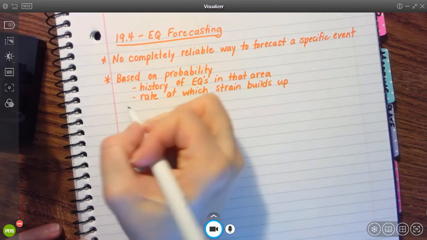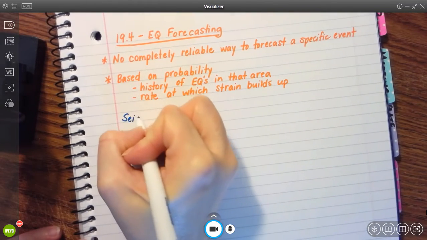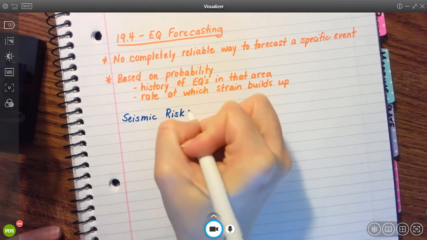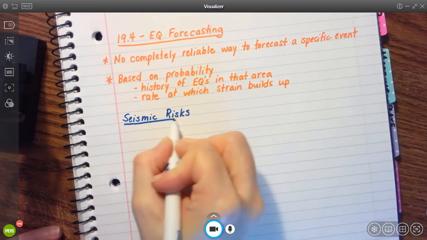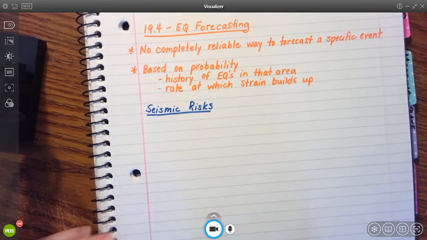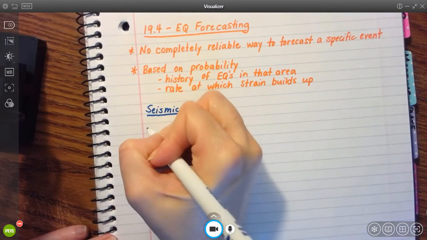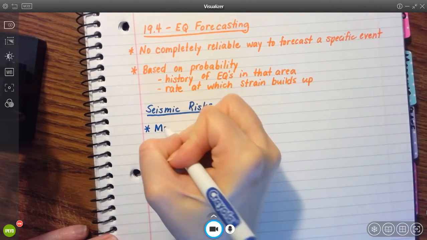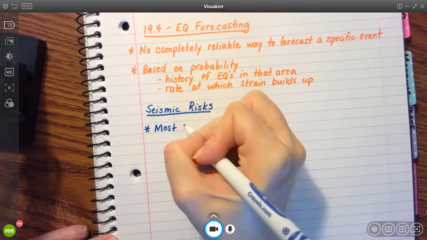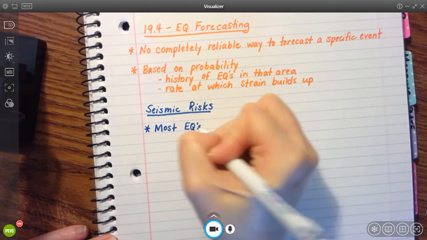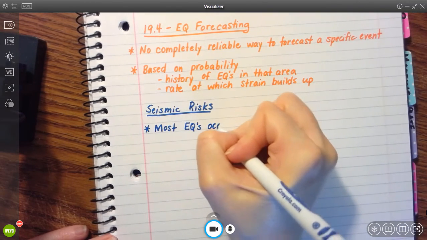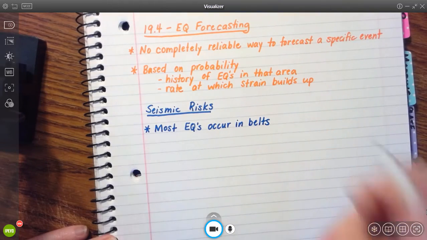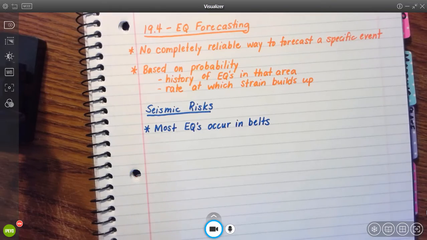When we talk about seismic risks, we're talking about probability. How likely is it that an earthquake is going to take place? And there are a couple things that we think about when we're talking about seismic risks. You should remember from a previous section that most earthquakes occur in belts. So if you're not in an earthquake belt, you're probably not very likely to have an earthquake.